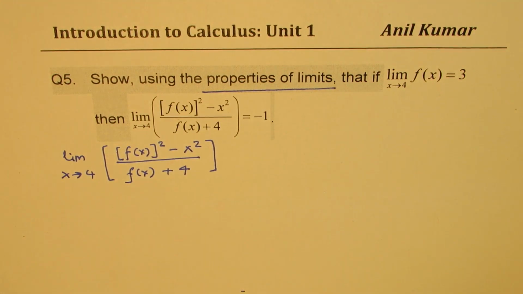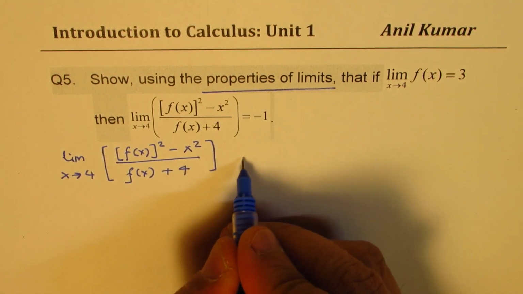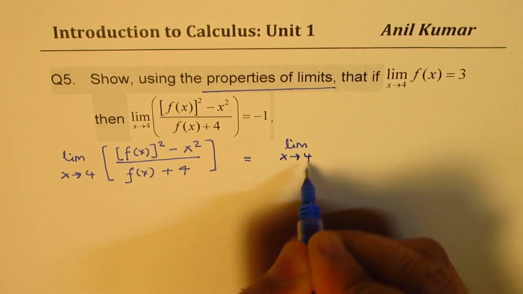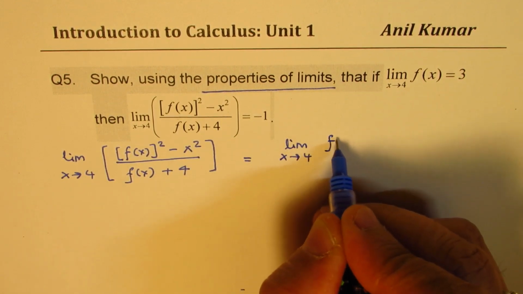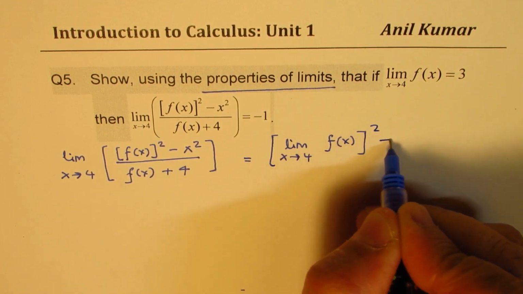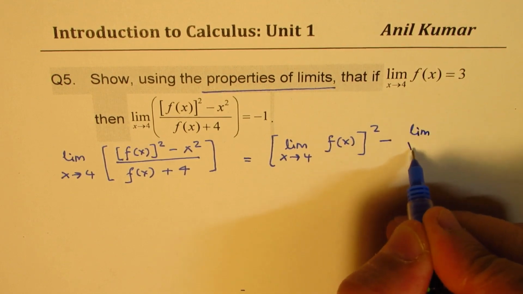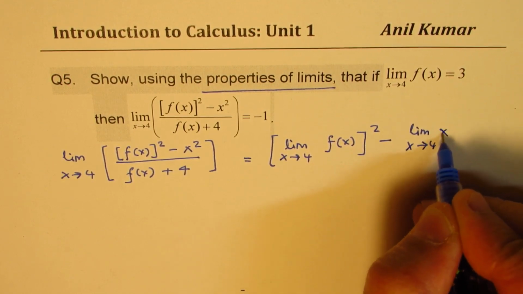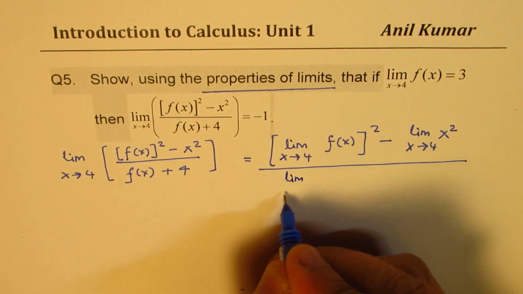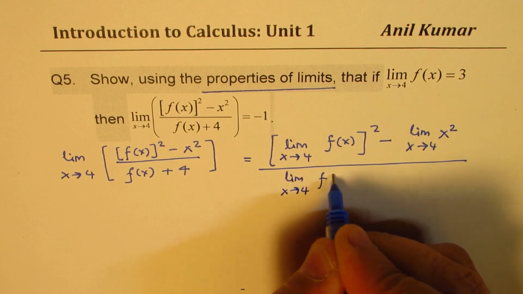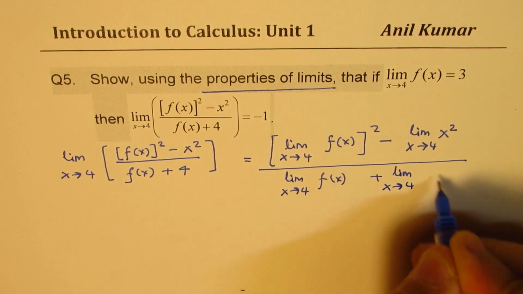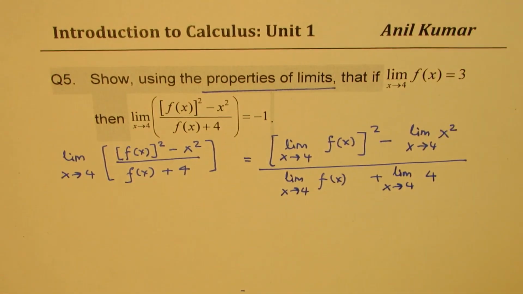So properties of limits state that this limit could also be written as limit x approaches 4 for (f of x) whole square minus limit x approaches 4 for x square divided by limit x approaches 4 for f of x plus limit x approaches 4 for 4. Perfect. That is how you could write it.